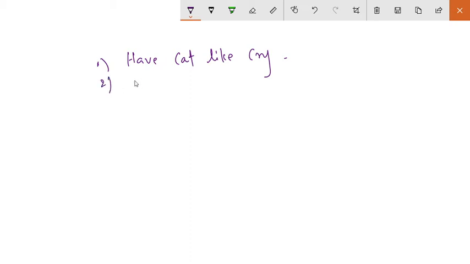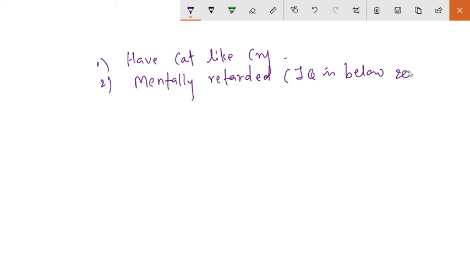The second, the baby is mentally retarded. So the IQ is below 20. Okay, so IQ, intelligence quotient, below 20. 20 पेक्षा कमी त्याचा intelligence quotient असतो.